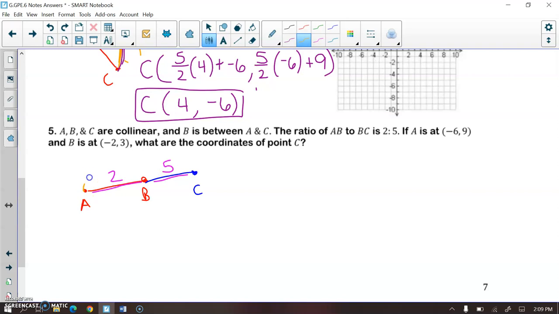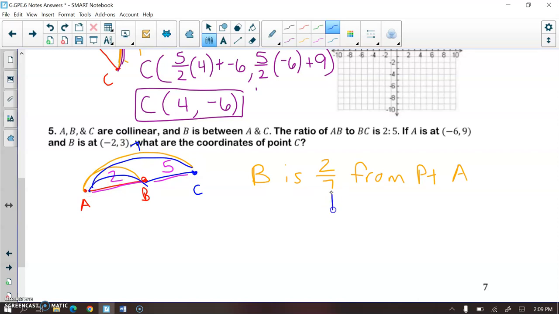So that means that B is 2/7 from point A. But if I'm finding the point C, which is past the line segment, we're not going to use the 2/7. We are going to use the 7/2, the reciprocal.